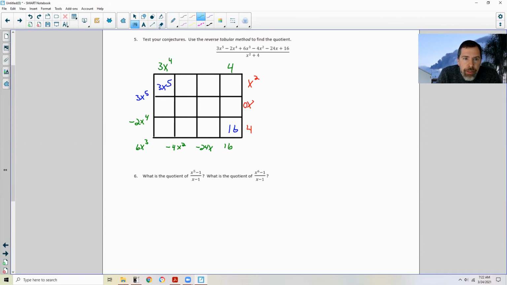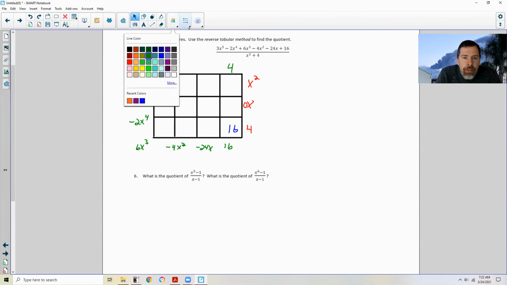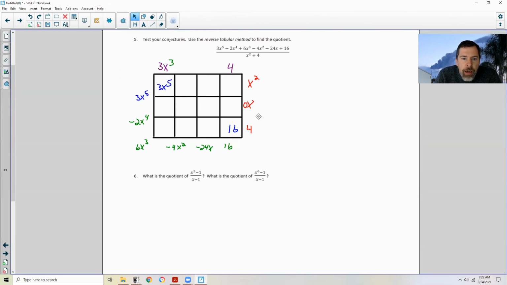I'm sorry, 3x cubed, right? Subtract your exponents. 5 minus 2 is 3, 3x cubed, okay? And I don't want those green because that's my answer. Let's do the answer in purple. Okay, and this should be green.